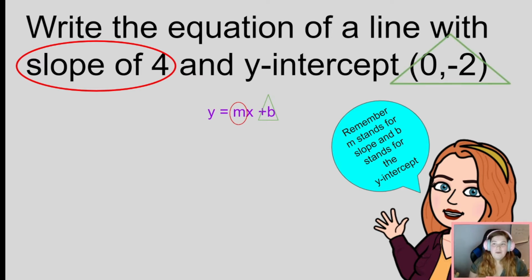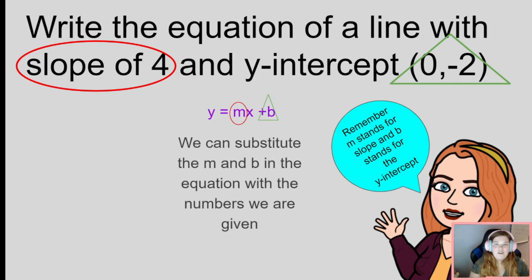That's also important, that (0, -2). So what we're going to do is match our information with where it goes in my equation. And I used color coding and shapes to help us out. Slope of 4 is going to replace that m value because m stands for slope. And (0, -2) is going to replace that b value because b is our y-intercept.